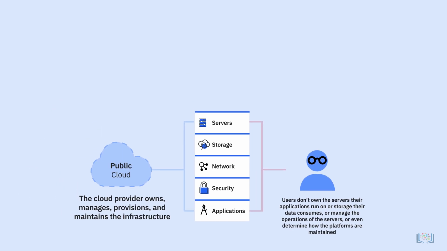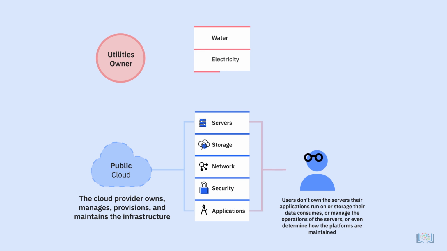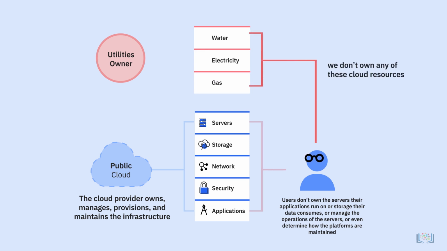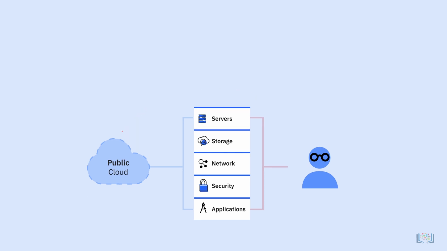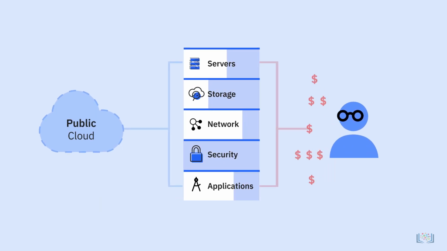In very much the same way that we consume and pay for utilities, such as water, electricity, or gas in our everyday lives, we don't own any of these cloud resources. We make an agreement with the service provider, use the resources, and pay for what we use within a certain period.